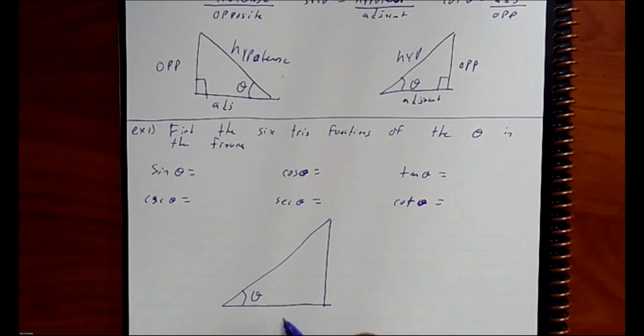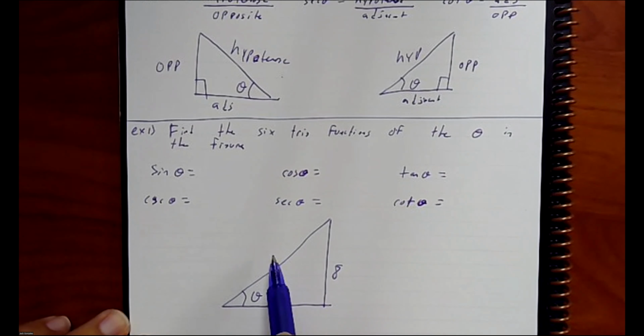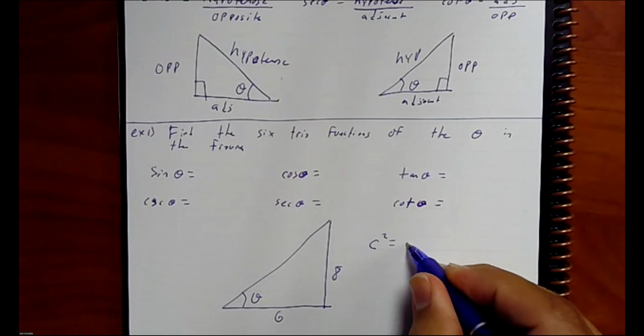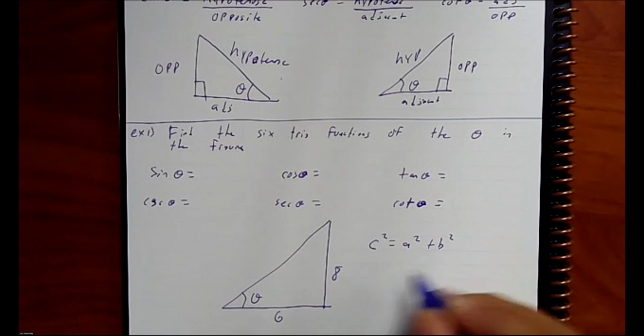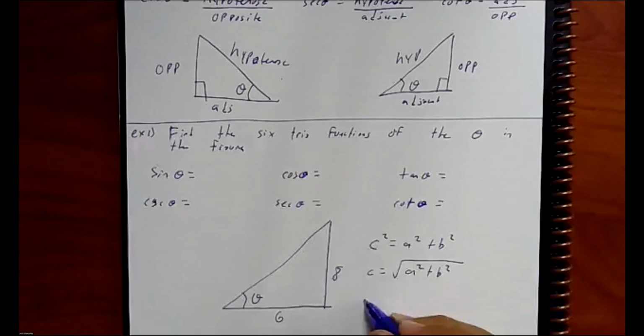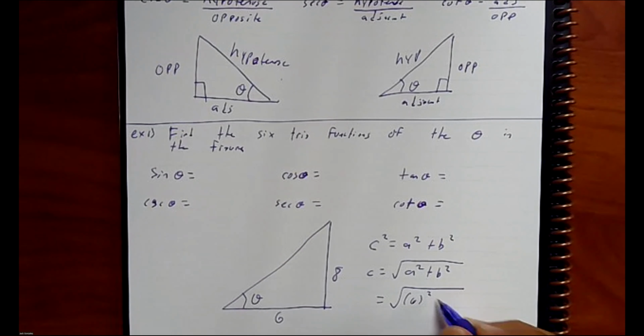And they gave us 6 and 8, right? So to find the hypotenuse, we use the Pythagorean theorem, right? We know that c squared is equal to a squared plus b squared, which means that c is equal to the square root of these two. So c is the square root of 6 squared plus 8 squared, which is 36 plus 64.